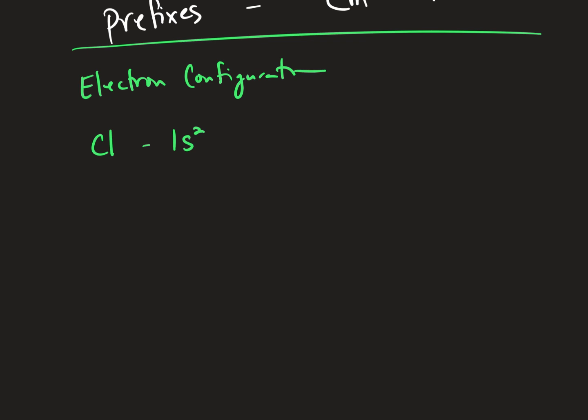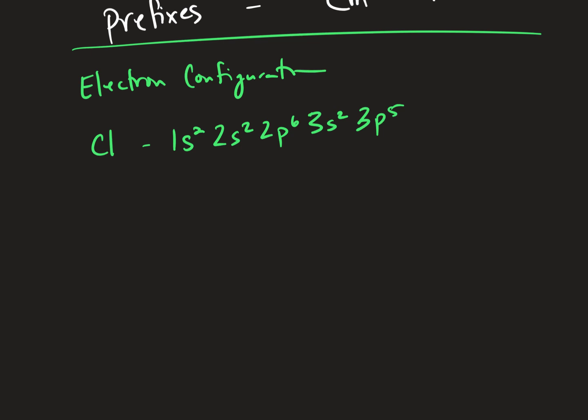And then what's after 1s2? 2s2, then 2p6, then 3s2, then 3p5. And we're done. Questions on that? Can we all do that?